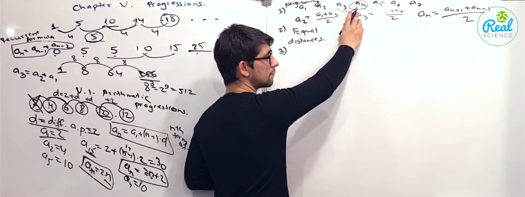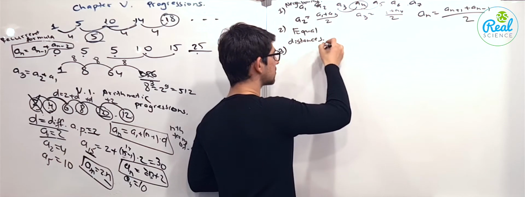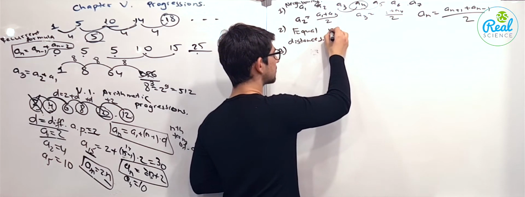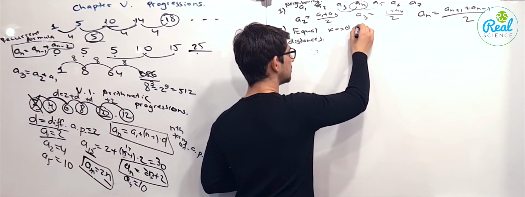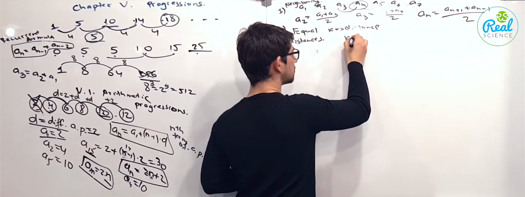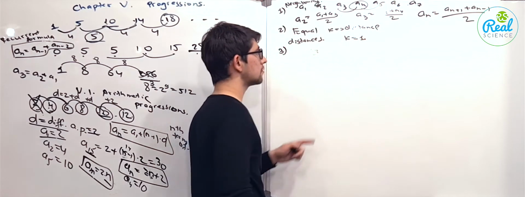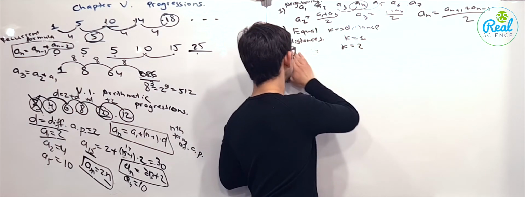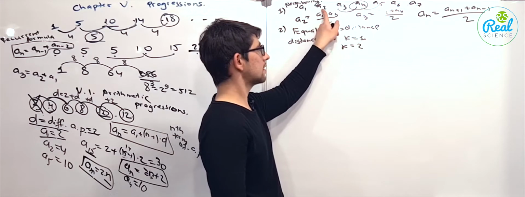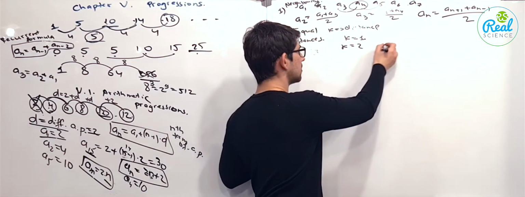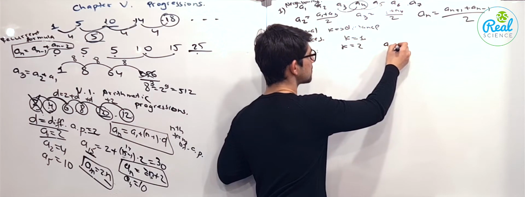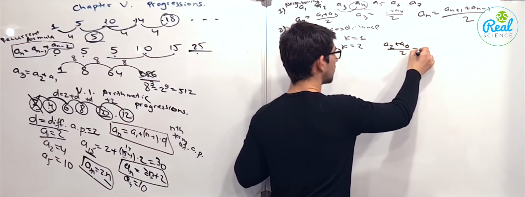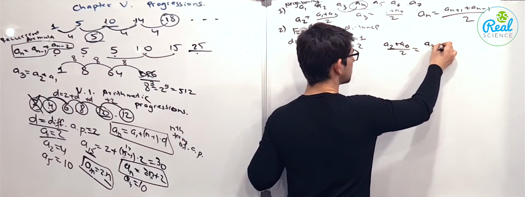So for A4, let's say k is the distance. If k equals 1, you take the terms 3 and 5, right? If k equals 2, you take the terms 2 and 6, right? So A2, A6. And the neighboring one, A3, A5.